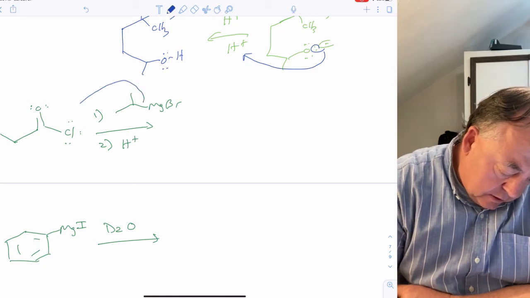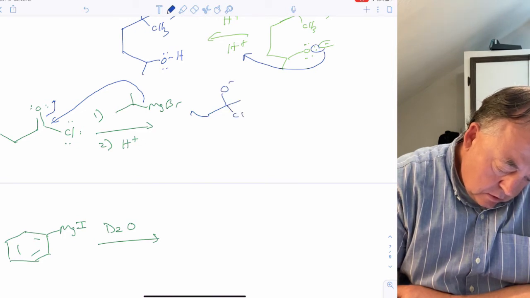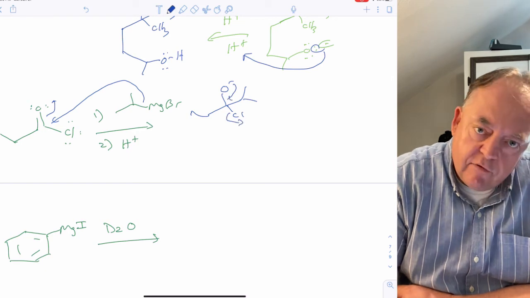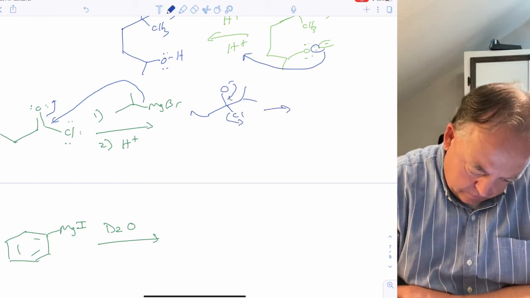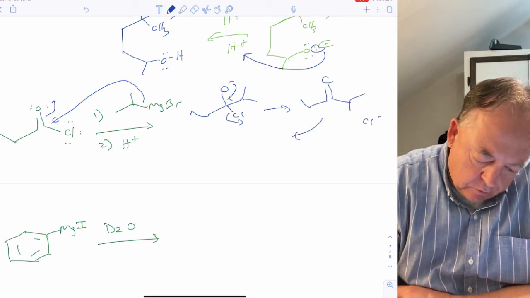So this is going to come in there. You're going to break that. And then you're going to remake the C=O and kick off a chlorine. And then another Grignard reaction is going to react.